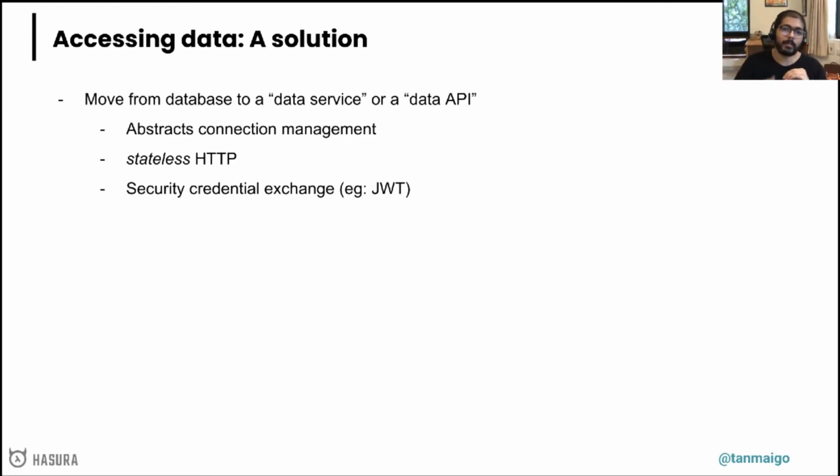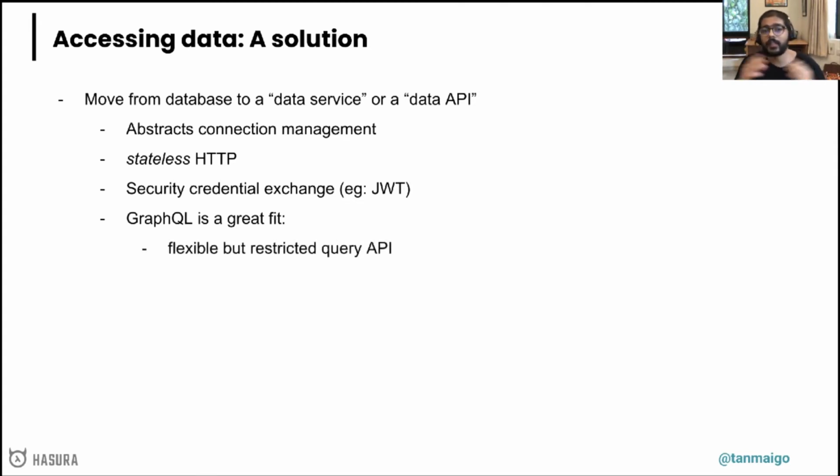And then it becomes a pattern of how to manage rotation of credentials and whatnot as well. And again, it's not like it's rocket science. It's just that there are patterns and ideas that we can leverage to solve these problems instead of reinventing the wheel. One of the nice things that we've discovered is that GraphQL is a phenomenal fit because it's a fairly flexible API that allows you to query whatever you want, but at the same time it's restricted.